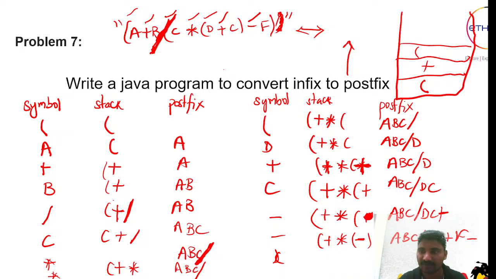Now if this thing is less than or equal to getPrecedence of stack.peek. Stack.peek is all about the topmost element, right? If this is the case, what has to be done is the question.